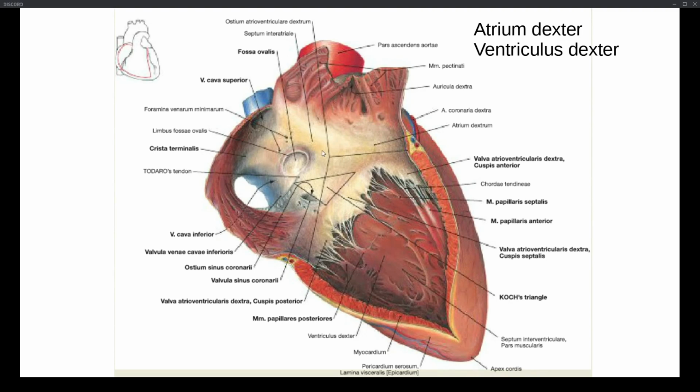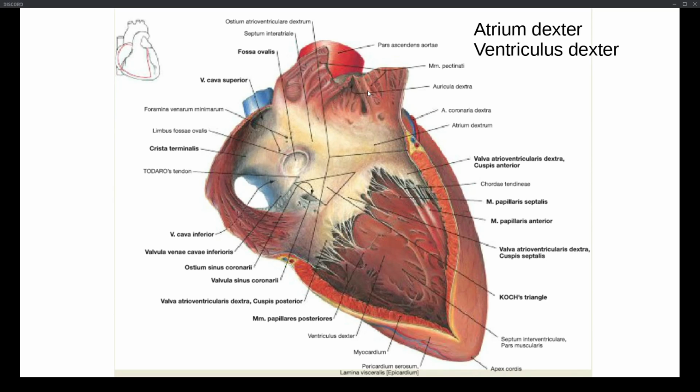So yeah, what else can we see? We do see here some of the muscles. Most of this septum is actually just connective tissue without any muscle tissue. So it's like the septum between the right and the left atrium. And over here you have these muscles, the musculi pectinati.